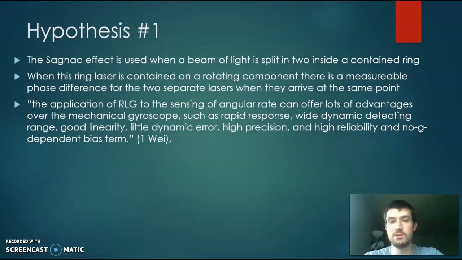This phase difference can be used to detect the amount of rotation, velocity, and all sorts of different parameters to help an aircraft fly. So this is the basic principle of how electronic gyroscopes work. They rely on the Sagnac effect to perform.